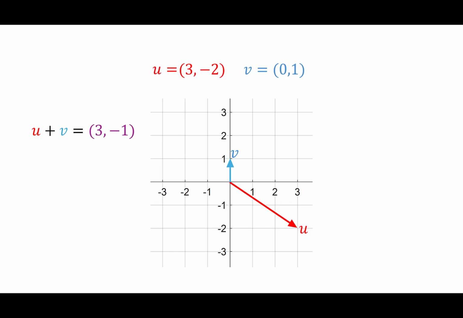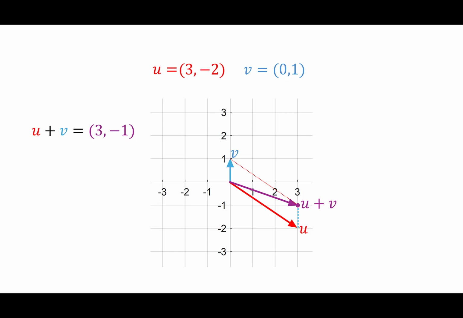So 3 plus 0 is 3, negative 2 plus 1 is negative 1. We can plot that result of 3, negative 1 with that point and use an arrow to represent that vector u plus v. And another thing that we can notice is that summation of u and v forms a parallelogram, where the vector u plus v is that diagonal of the parallelogram.